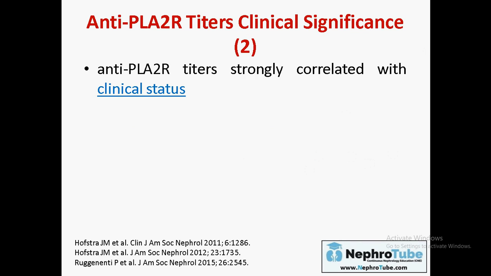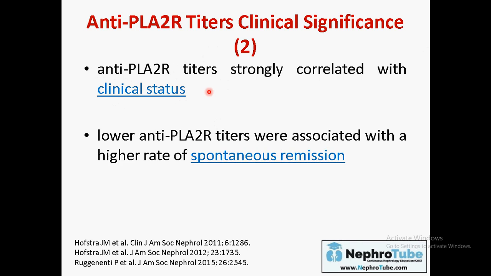Another important clinical significance of anti-PLA2R is that their titers correlate strongly with clinical status. Patients with high anti-phospholipase A2 receptor antibodies have a more severe presentation with nephrotic syndrome. Also, low anti-phospholipase titers are associated with a higher rate of spontaneous remission.